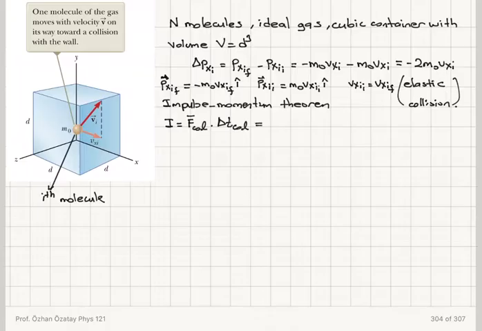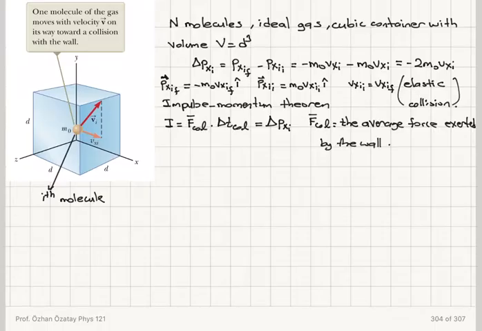And this must be equal to the change in linear momentum of the ith molecule. So let's clarify: this is the average force exerted by the wall on the molecule.